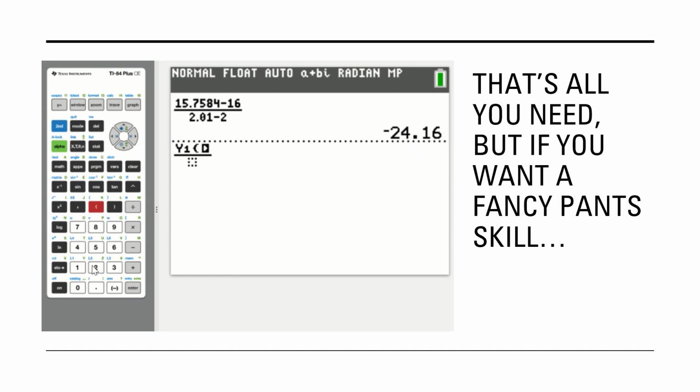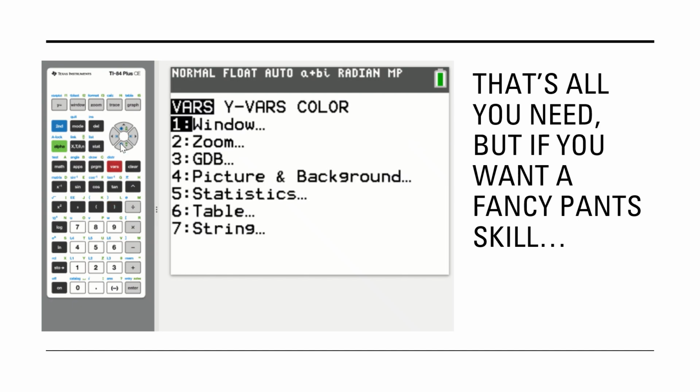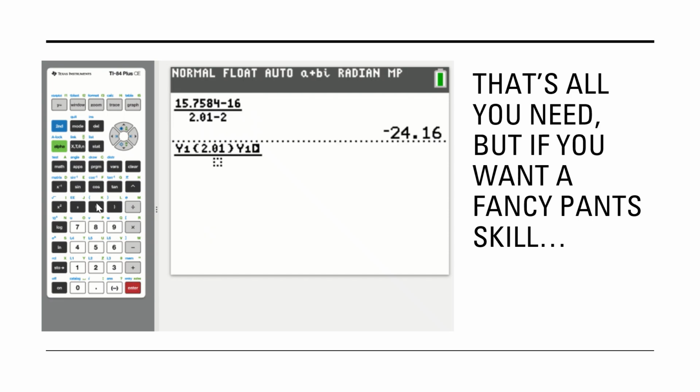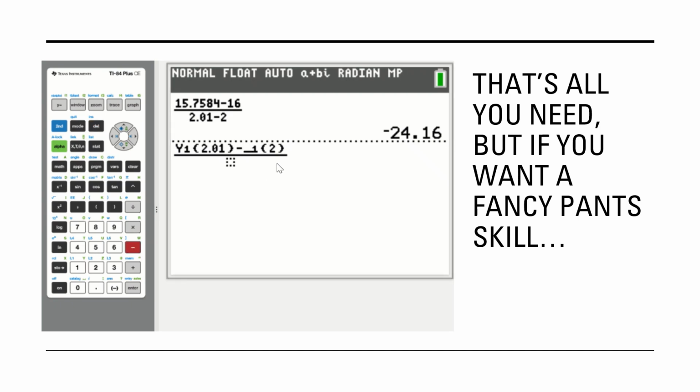And then I put my 2.01 in there like that, minus, I'm going to do it again, vars, y vars, and then this is 2. Looks like I did not get my minus in there properly. Whoops. I'm using this on a laptop instead of on the actual machine. There we go. Okay. I want to insert a minus, so second, and the delete key will let me insert so that I don't have to retype everything.